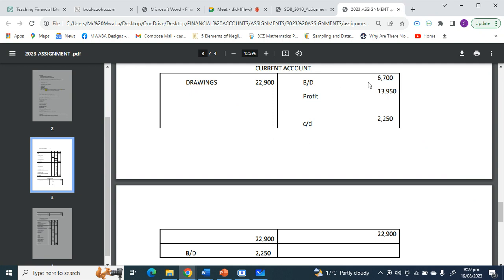Whatever number you get, deduct it from 22,900. You're supposed to get 2,250. And then the balance brought down comes here on the debit side, 2,250. So in the balance sheet, this debit balance will be represented as a negative.